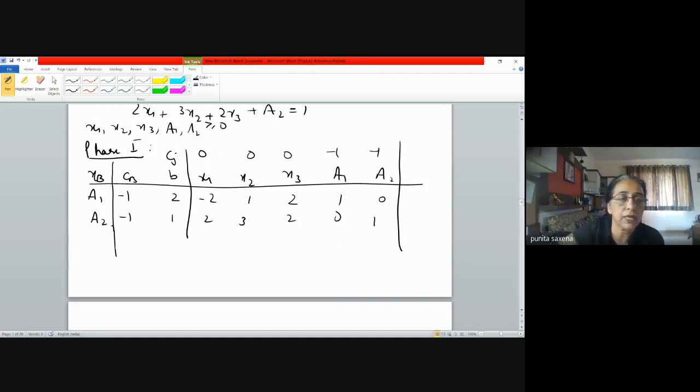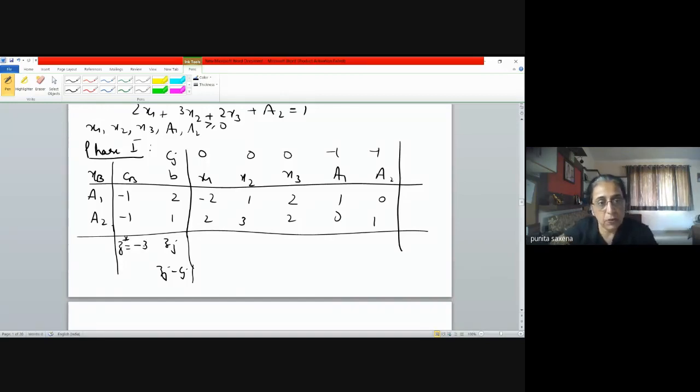Okay, now quickly proceed on with your Z star, Zj and Zj minus Cjs. Now your Z star is -3. What about Zjs? 0, -4, -4, -4, -1, -1.